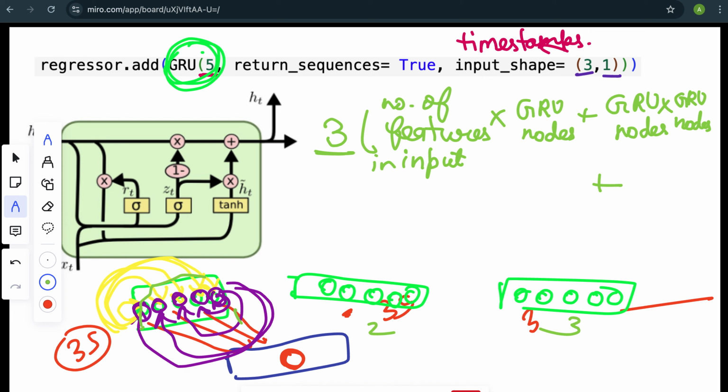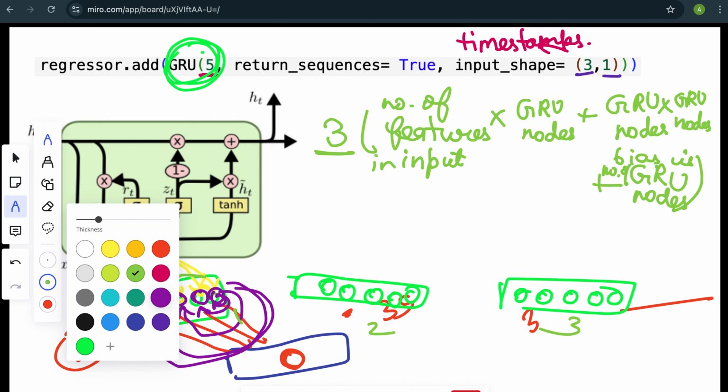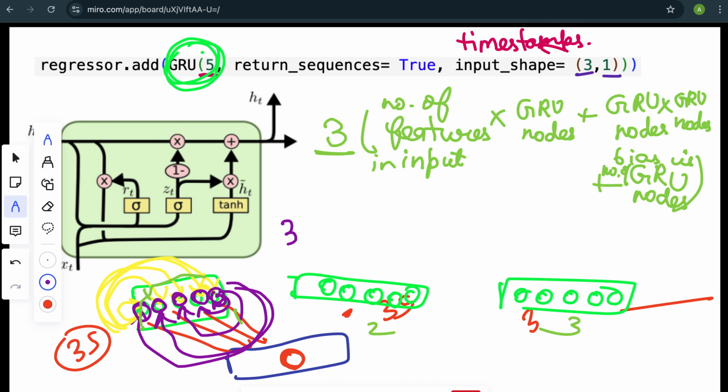And then we are going to add the biases as well. Each node will have one bias, so the bias count will be the number of GRU nodes only. Let's try to do the same thing with the formula again.